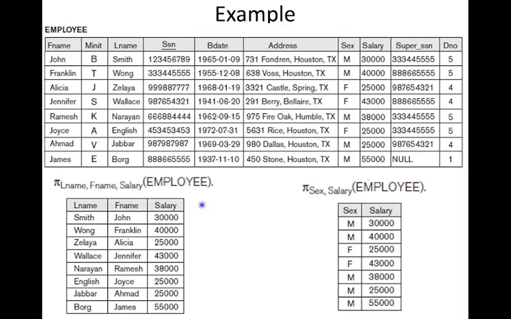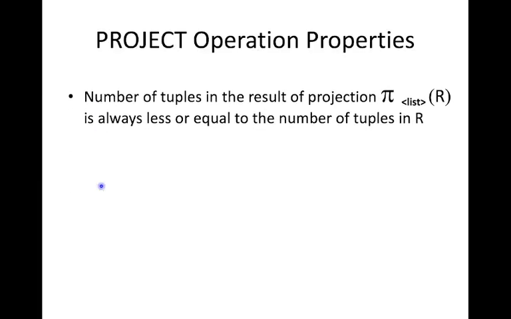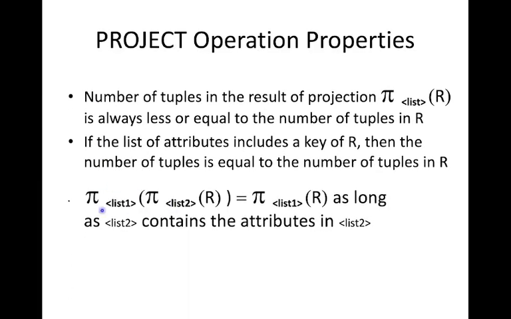So list 1 contains list 2. So it is equivalent to projecting only list 1, because list 2 is already included in list 1. That is what we have written here. So it is equal to list 1 as long as list 1 contains the attributes in list 2. So it should be read as list 1, it is not list 2. It is list 1 contains the attributes in list 2.